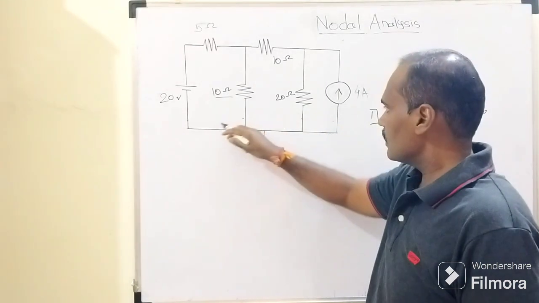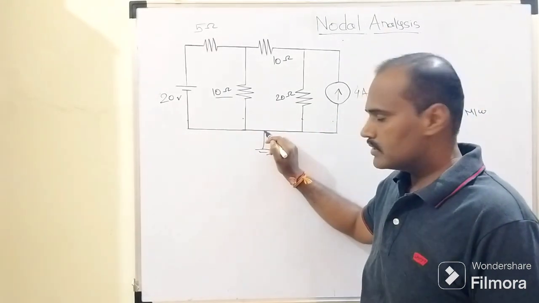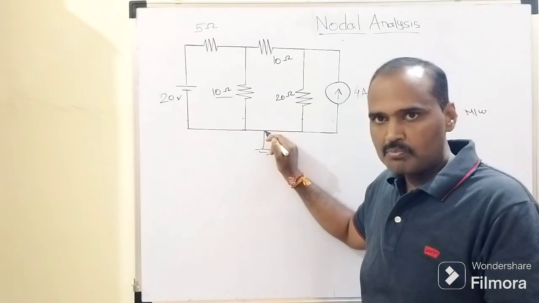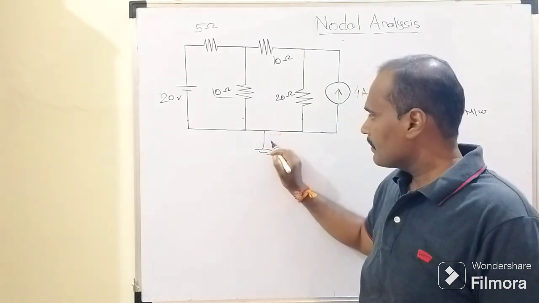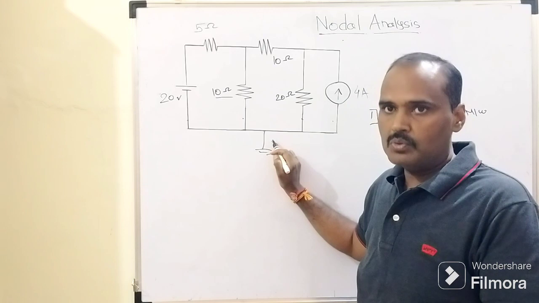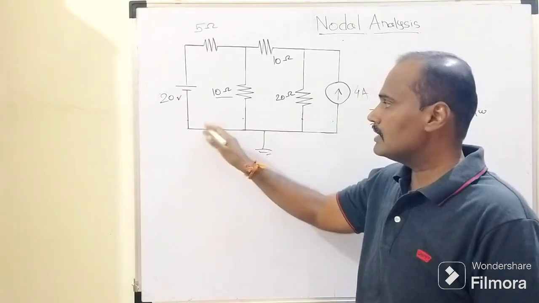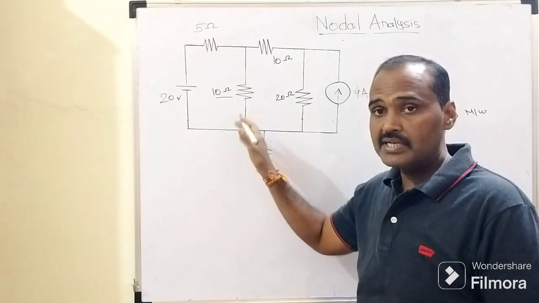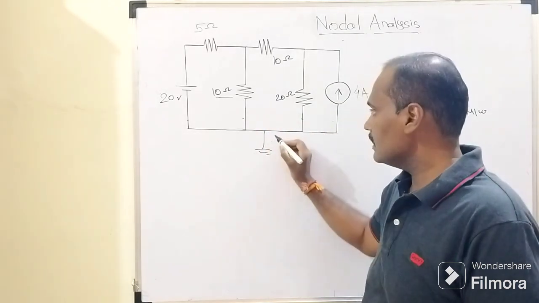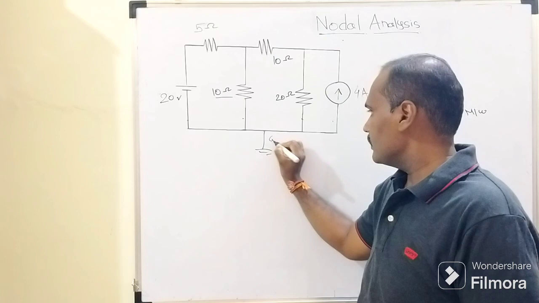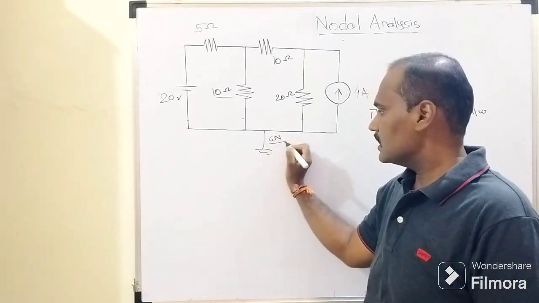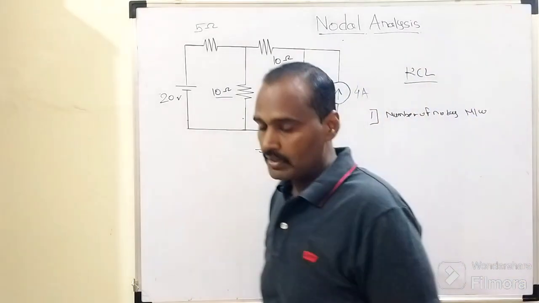The lower terminals of these 4 branches are interconnected to this point. So that point itself is called a dummy node or the ground node, because we don't have any subsequent elements between the lower ends of all these branches. So obviously this will be the ground node. We can call it GN, which stands for the dummy node or the ground node.